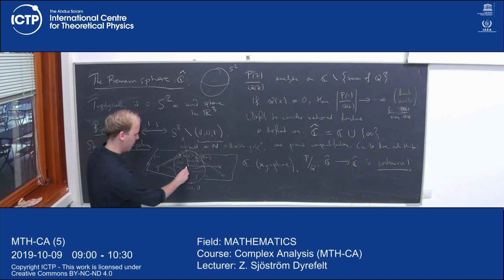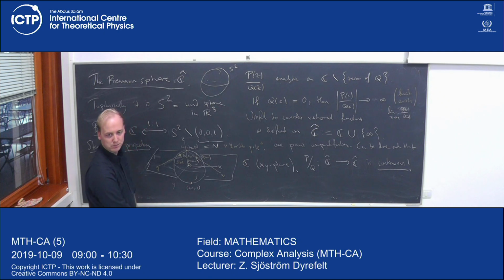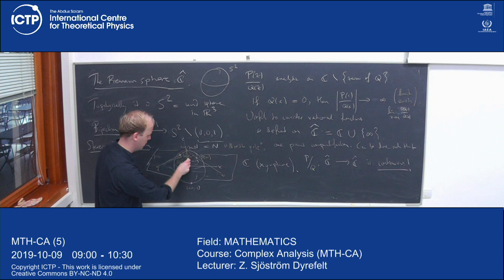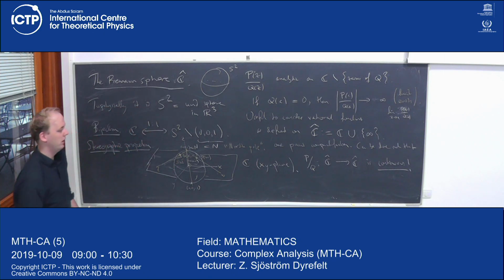And for example, the origin here, already in the complex plane, is then associated to the South Pole, because it's the unique intersection of this line with the sphere not being the North Pole. So you have this bijection.